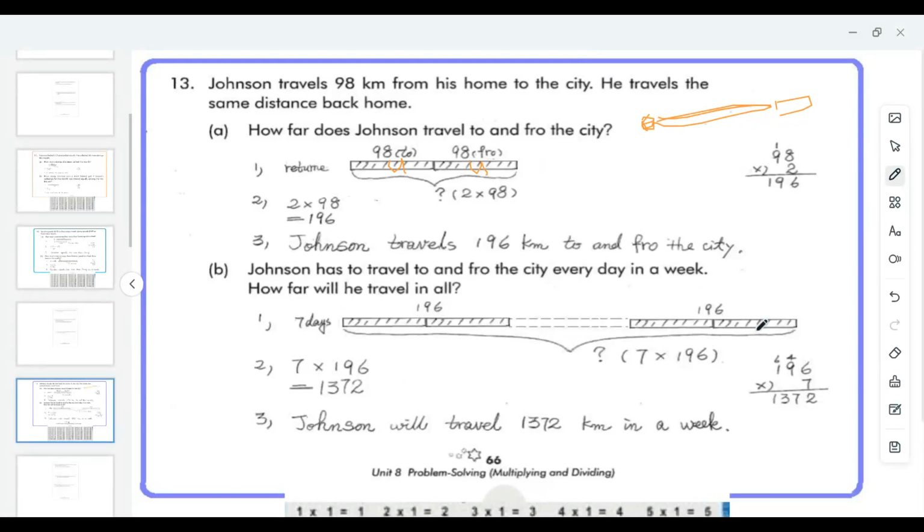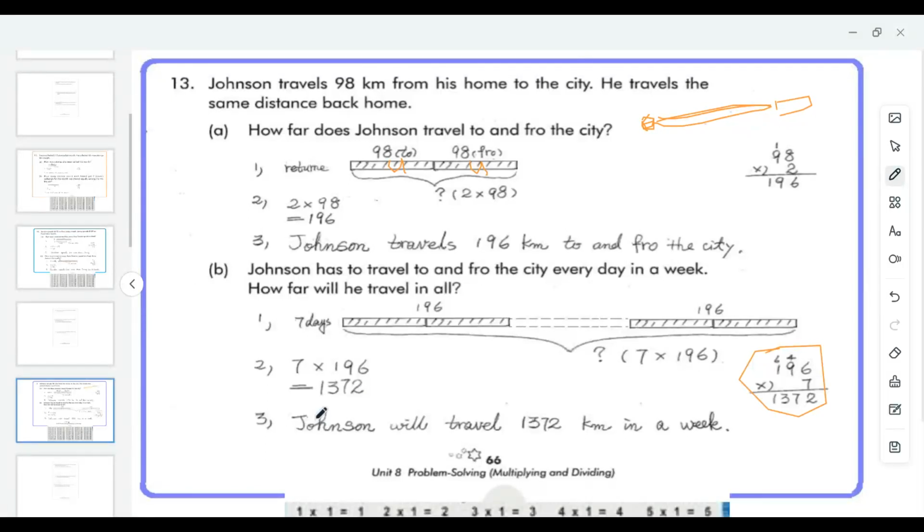There's 7 days, 7 times 196, right? So we write it down here, 7 times 196. Then we work out from here. We get 1,372. So we write down here 1,372.